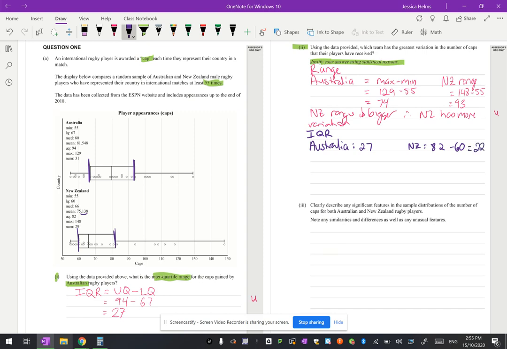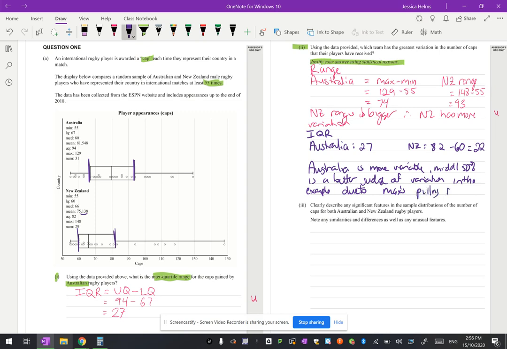And that shows us that actually Australia has more variation. So if you answer that Australia is more variable, and just make some argument that the middle 50% is a better sort of judge of variation here, due to the maxes pulling the data in the range.